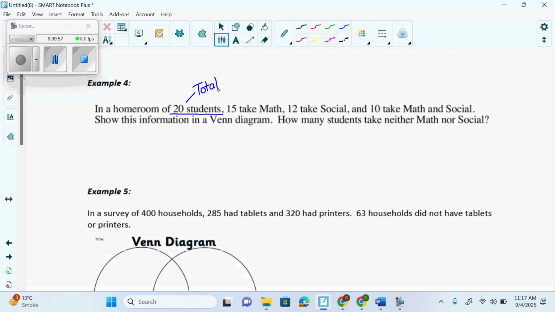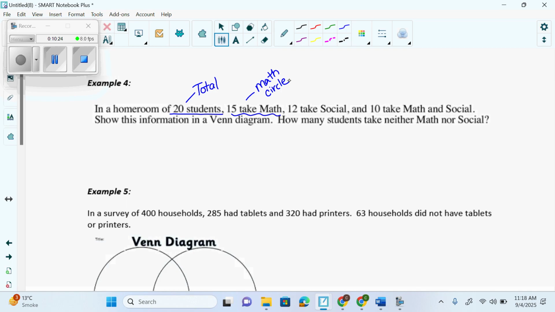Now here it says 15 take math. Does it say math only? No? So that's the math circle, right? The whole circle. 15 take math. So that's the math circle. You pick your pencil back up. Then put it down once you're done writing.